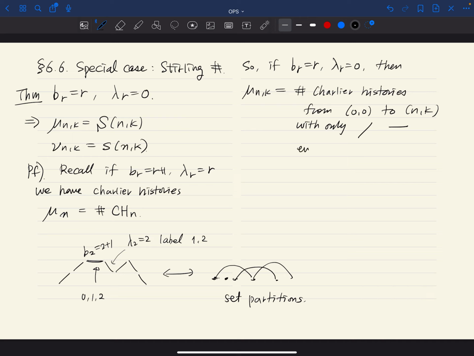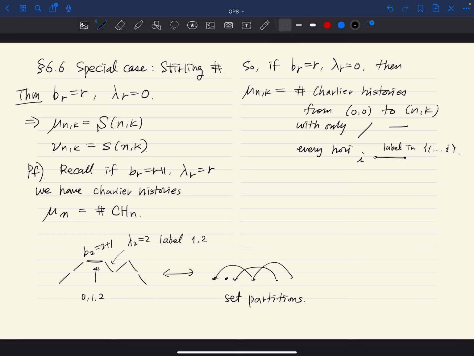And for every horizontal step, if the height is i, we have choices of label. Before we had labels 0 up to r in this case, but we have one less than that, so let's label 1 up to i.